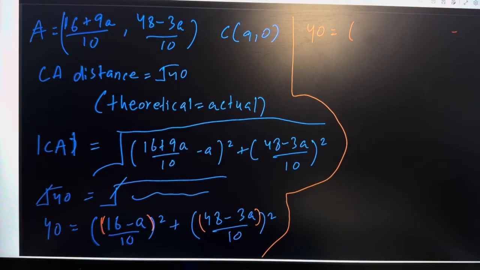This becomes 16 squared, 256, plus a squared, minus 2 times 16 times a, so minus 32a, and plus the second bracket, which is 48 squared, 2304, plus 9a squared, sorry, as you can see, this is a 3a, so that's also something.